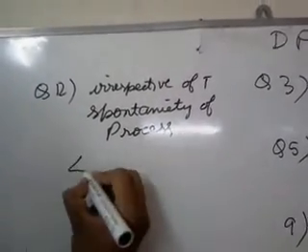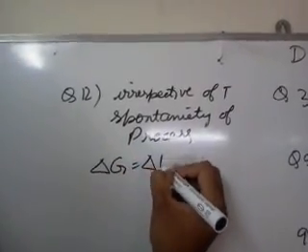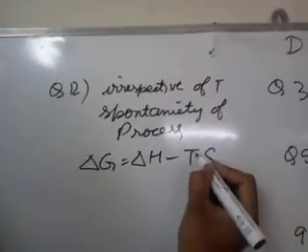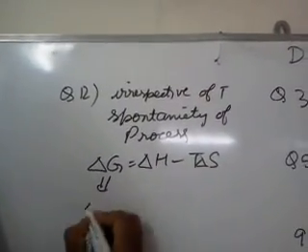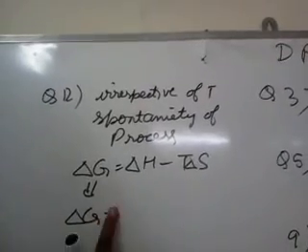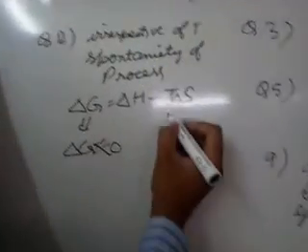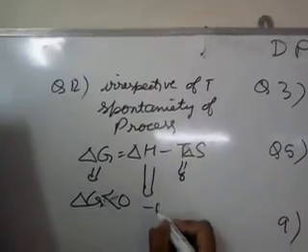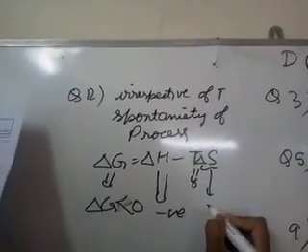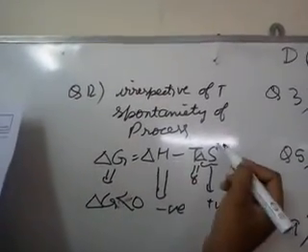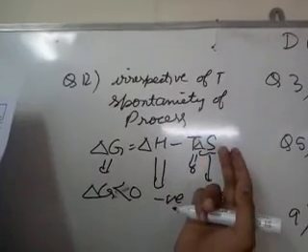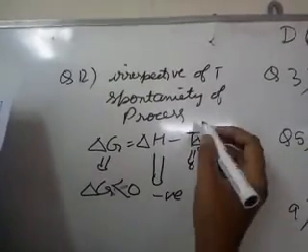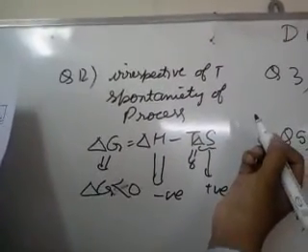Now, delta G is equal to delta H minus T delta S. For spontaneity, delta G should be less than 0 irrespective of T, if and only if this particular term is negative and this term is positive. Because T can never be negative, even though we don't have T under consideration, we know one fact, that temperature in the Kelvin scale can never be equal to 0.